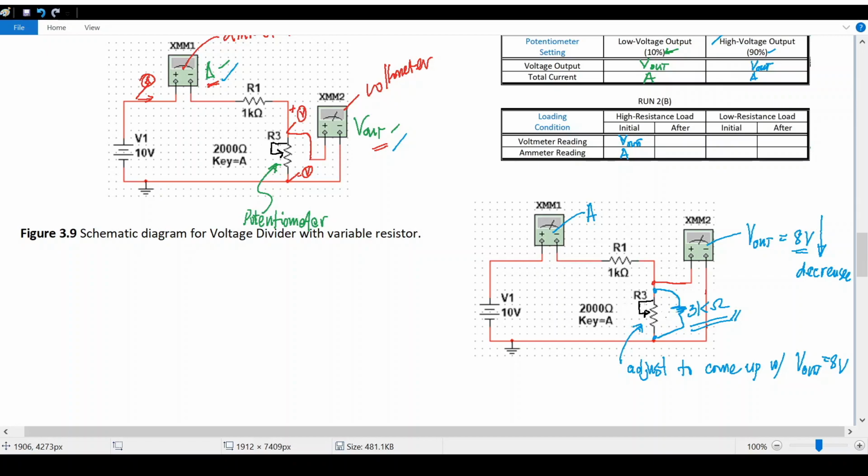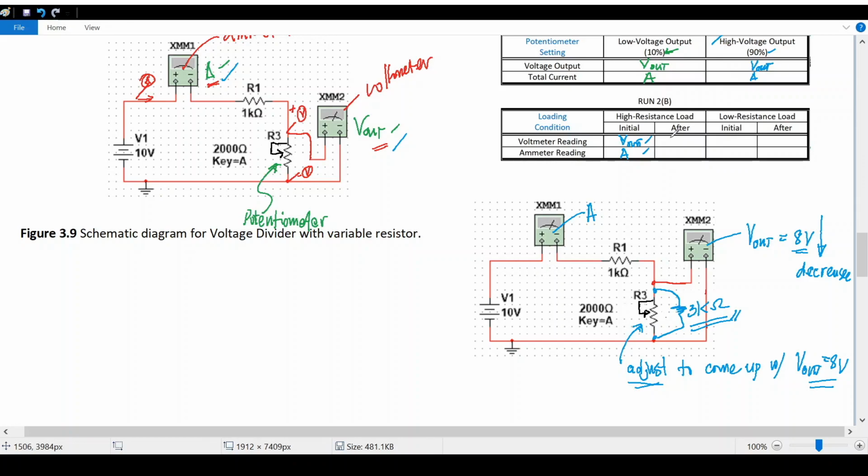Then record this decrease in voltage and record the current reading. Then adjust the potentiometer so that the output would return to 8 volts.